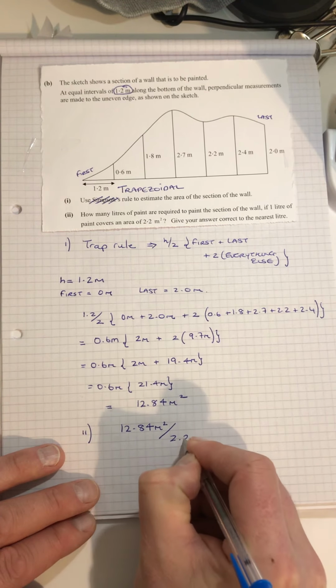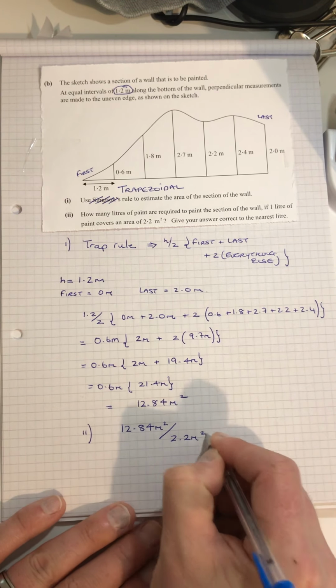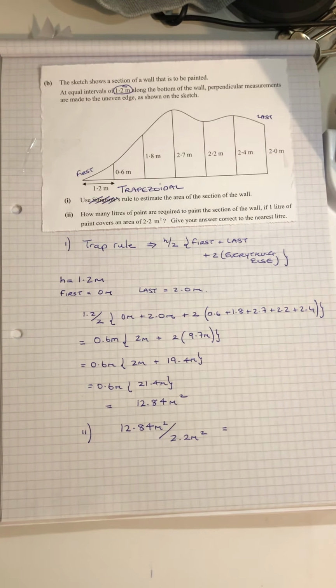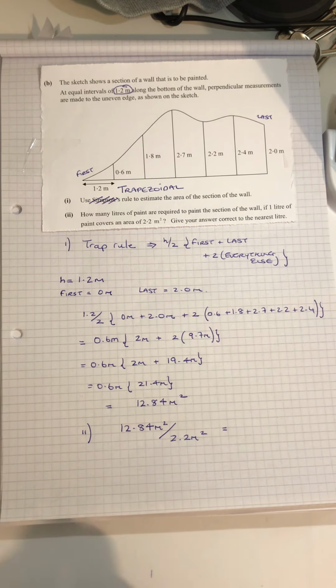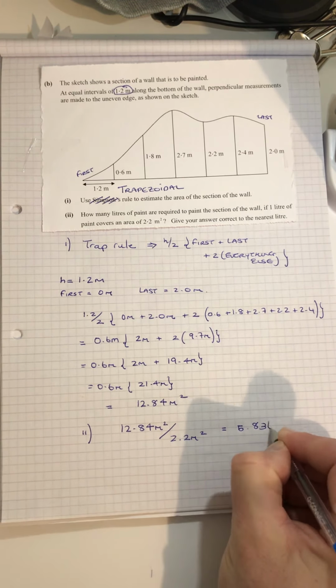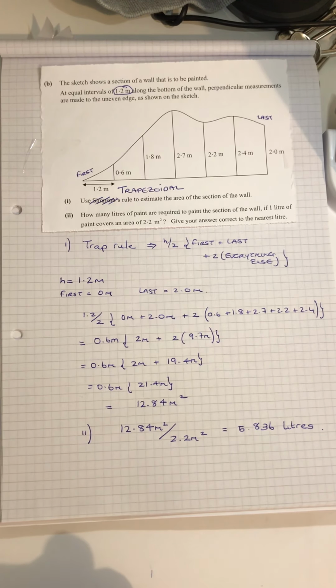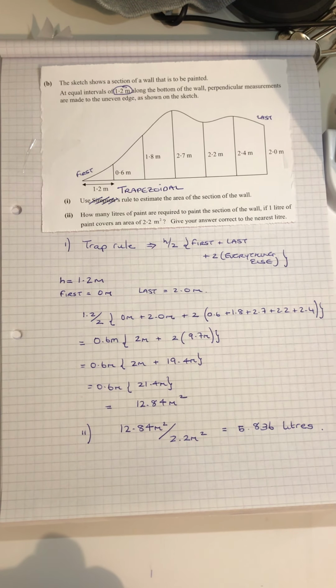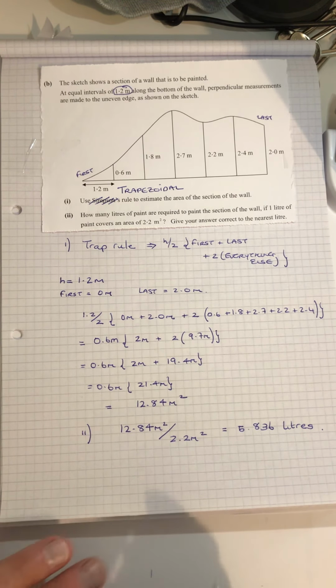Divide that by 2.2 meters squared, so 12.84 divided by 2.2 is equal to 5.836 litres. Okay, and correct to the nearest litre, which is equal to 6 litres.